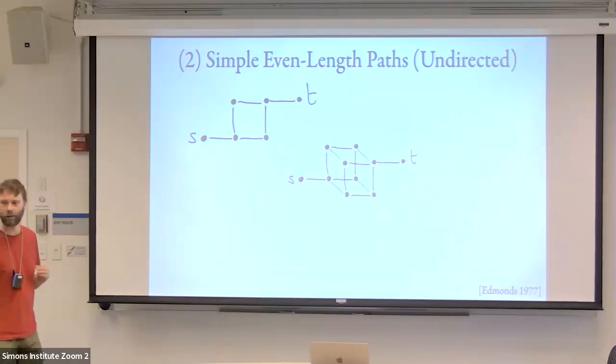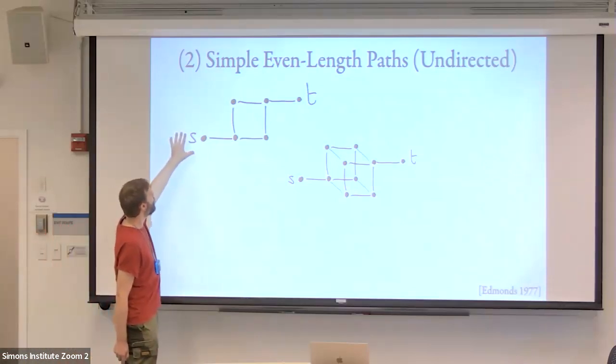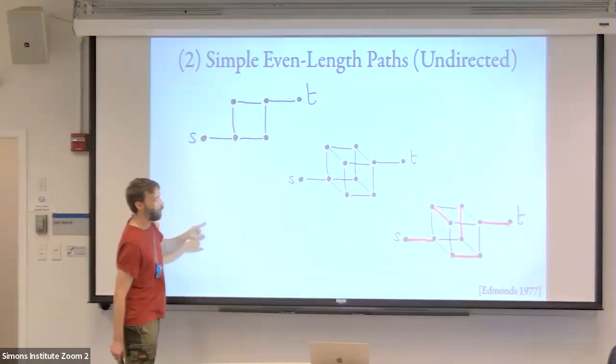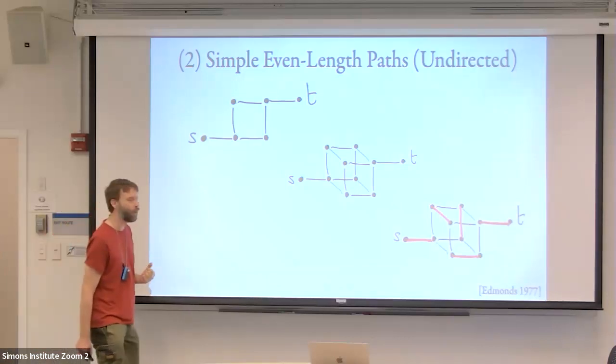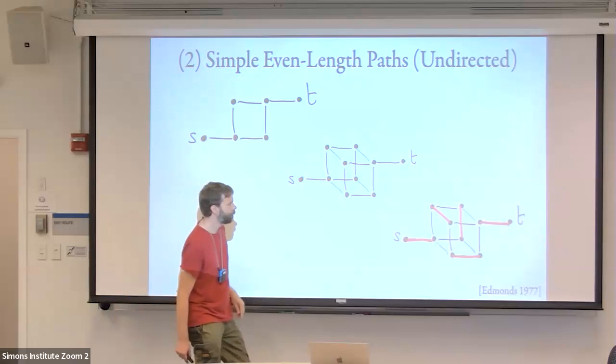Is the construction all right up to now? Then Edmonds said there is a simple path of even length in this original graph from your source to target if and only if there exists a perfect matching in this new graph. And why is that?